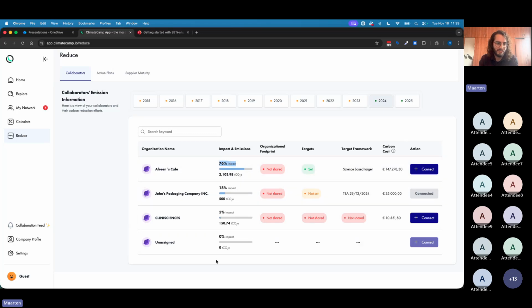It's pretty straightforward here. There's only 3 companies. But here you can see, okay, this company is this much impact. So if only this company sets an SBTi target, I already cover the supplier engagement target requirements. Obviously, for most companies, this is 10, 20, 30, 40 companies, but you can easily use the collaborators tab to see which companies amount to 67% of your GHG inventory.